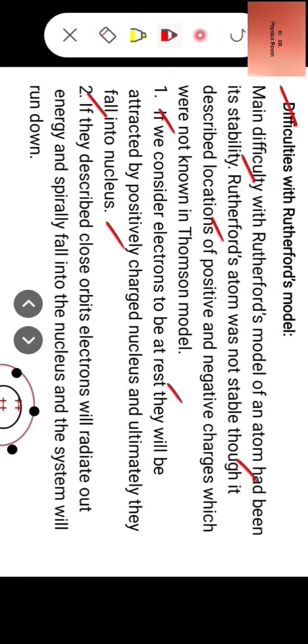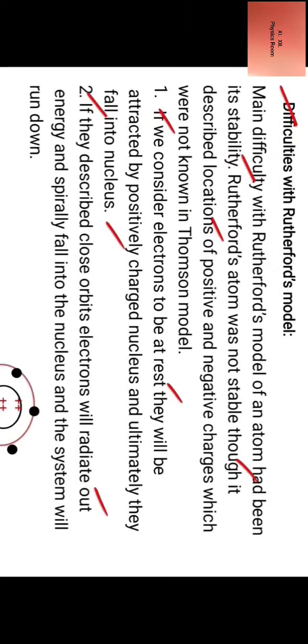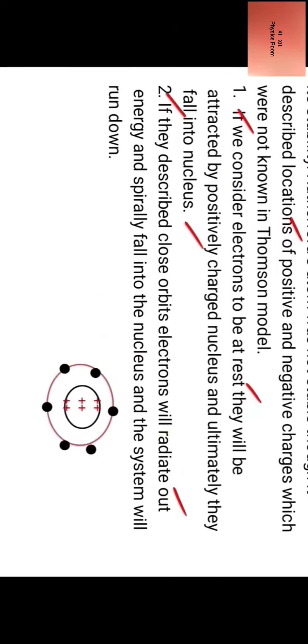Second, if they described closed orbits, electrons will radiate out energy and spirally fall into the nucleus and the system will run down.